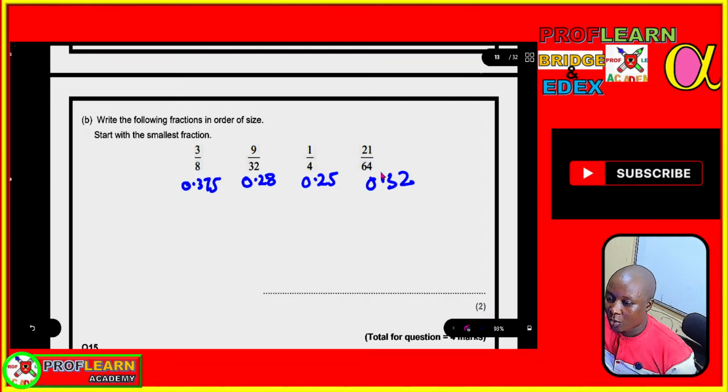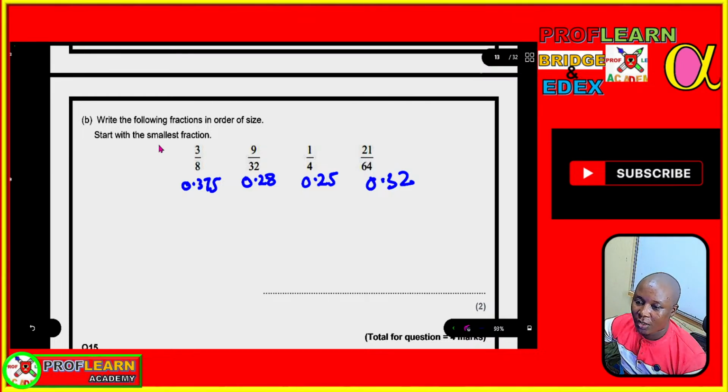So which one? We are going to start with the smallest fraction. The smallest number here is 0.25, which is 1/4.